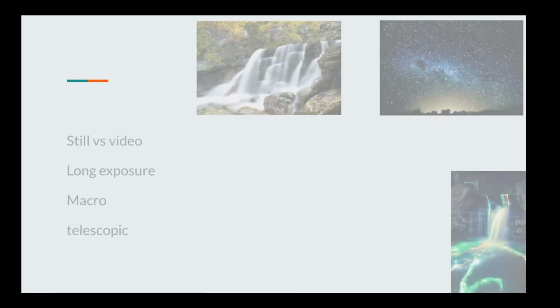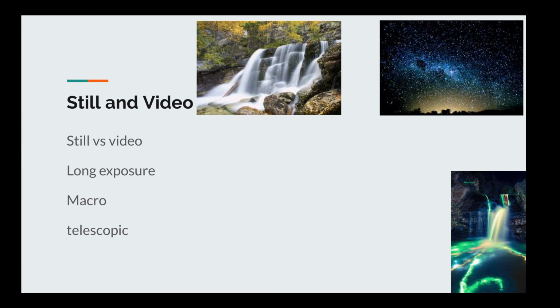Let's have a think about still versus video. Still and video are two main outputs for a camera. Still images are individual photographs. If you look at the three different photographs on the screen there, all three are stills. The waterfall is a relatively short exposure. The night scenes are much longer exposures.